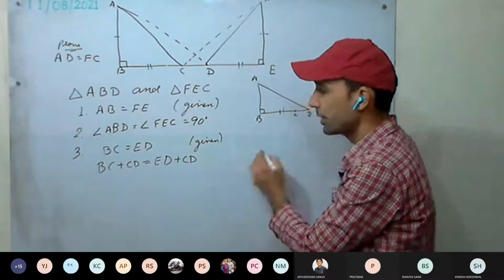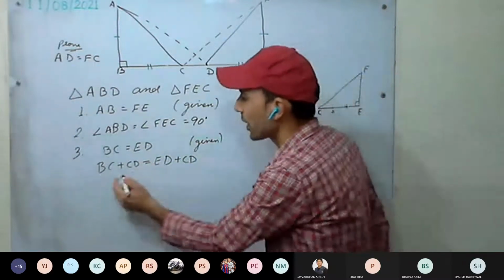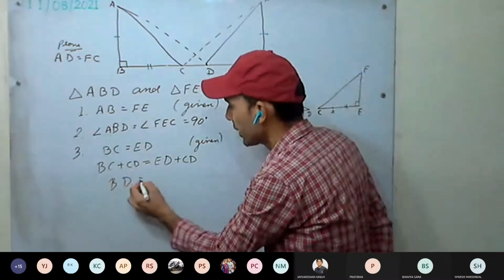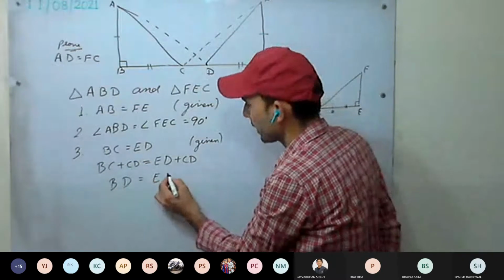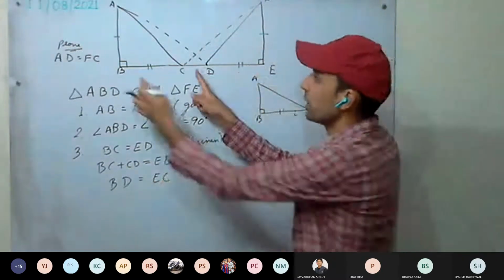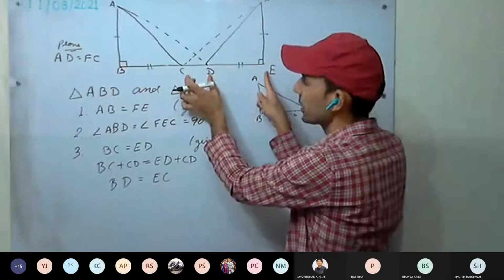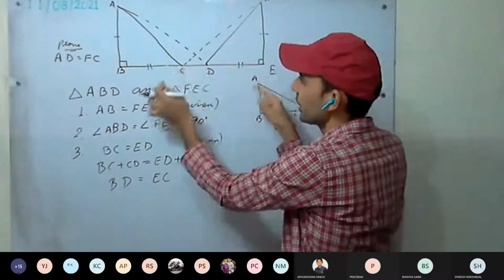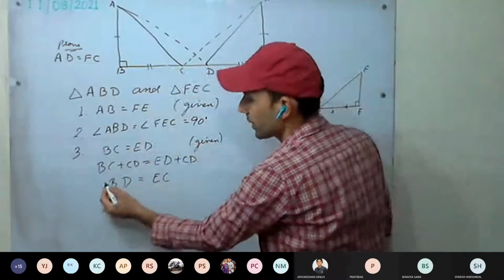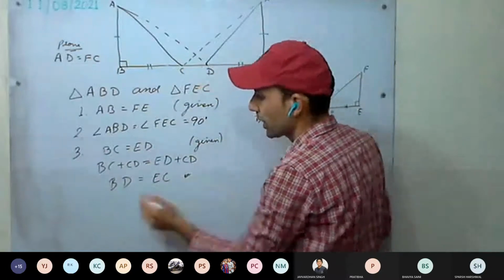Therefore, BD equal to EC. This is our third.